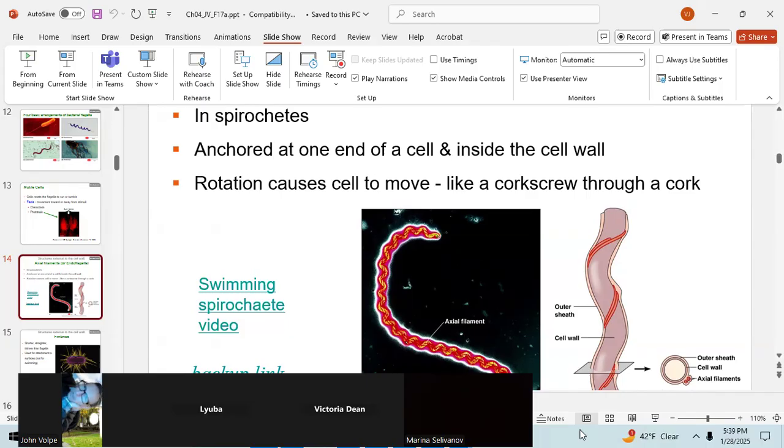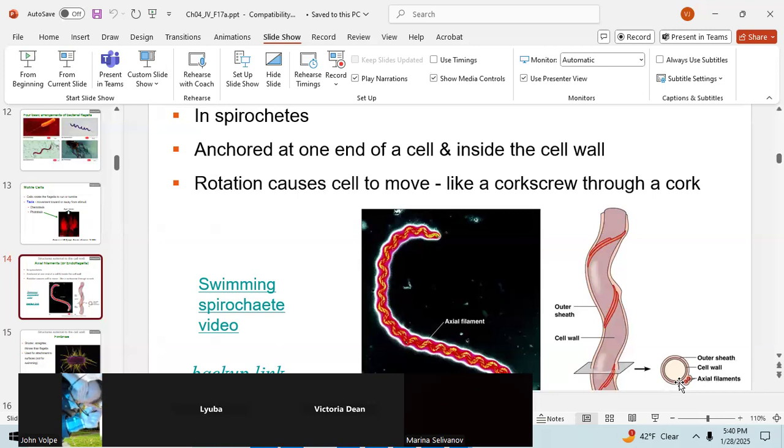This has separated the cell wall by the outer sheath, the outer sheath of the cell wall, and the peptidoglycan layer, which is the dark purple. It is between the outer membrane of the cell wall and the peptidoglycan.